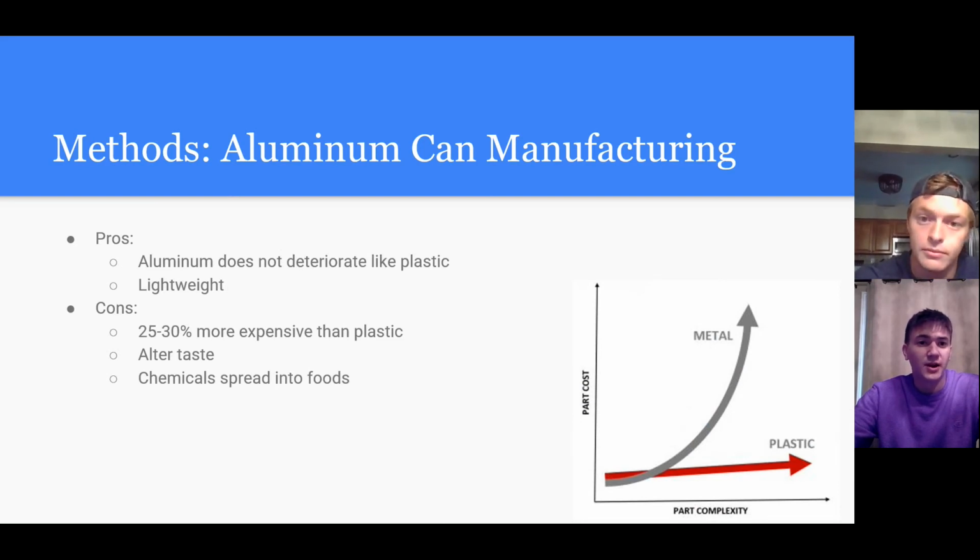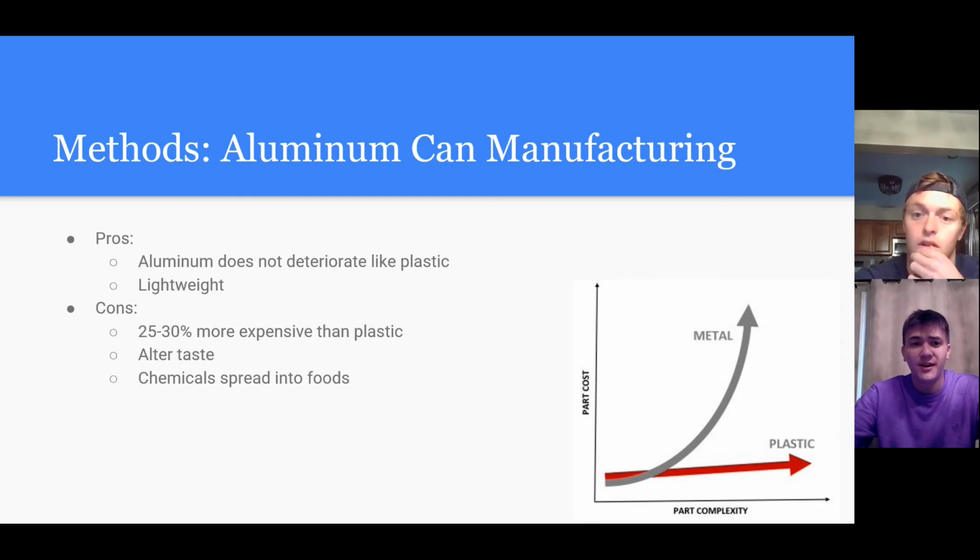So methods, aluminum can manufacturing. The pros of aluminum can manufacturing are that they're durable. They do not deteriorate like plastic. They are lightweight, and they're more durable than glass. And so the cons are that it's more expensive than plastic, 25 to 30% more expensive.